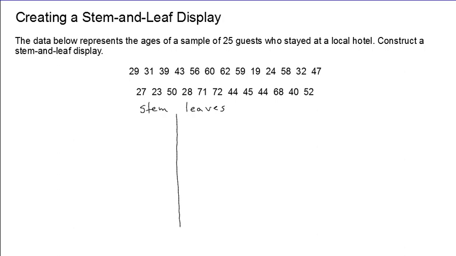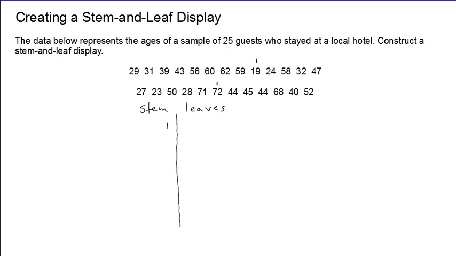For this data that represents the ages of 25 guests that stayed at a local hotel, we see that all of our data here is 2 digits. So everything but the last digit becomes your stem. We have a low value of 19, and a high value of 72. So my stems are going to look like this.